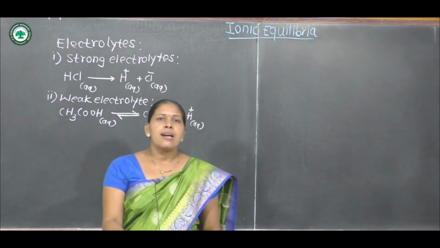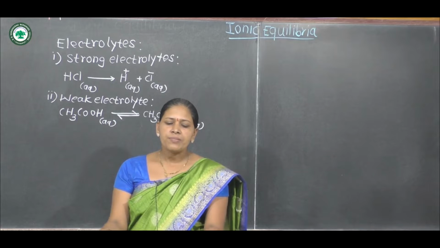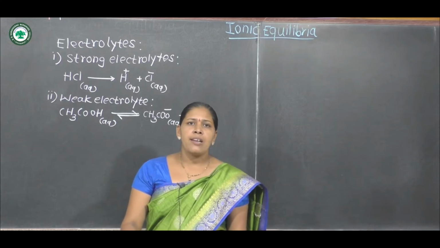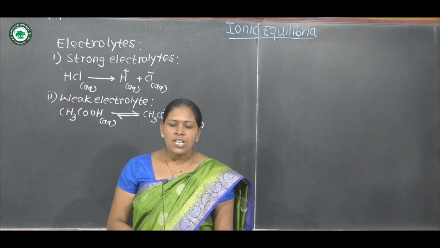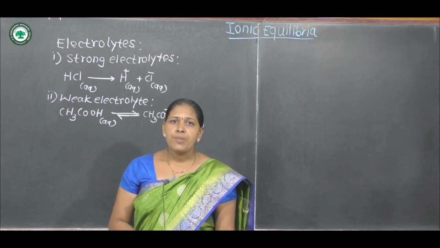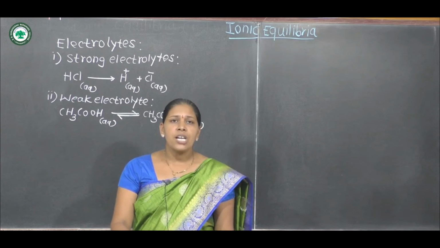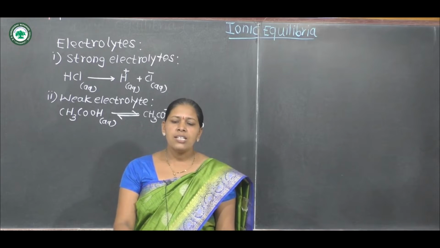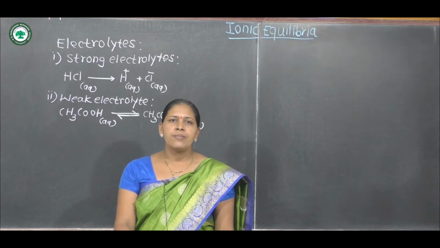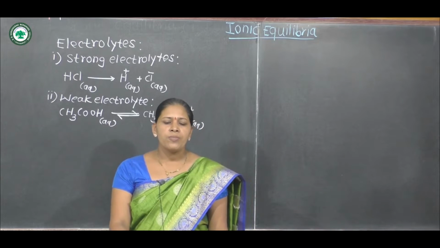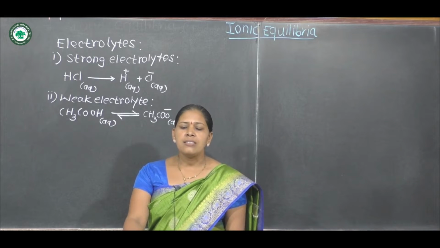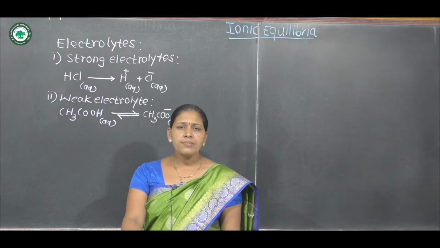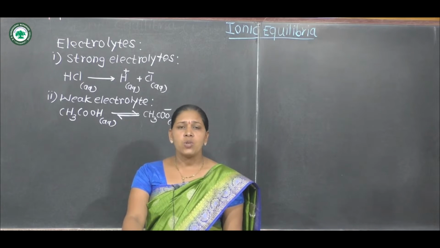There are many examples of strong electrolytes, but in your syllabus there are limited examples. For example, HBr, hydrogen iodide, HNO3 nitric acid, sulfuric acid, HClO4, then salts such as NaCl, KCl, KBr, sodium nitrate, sodium sulfate, sodium acetate.